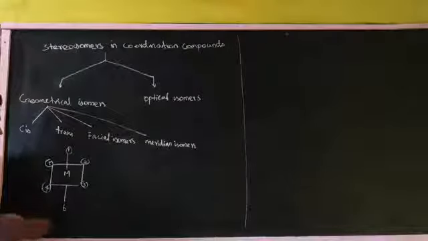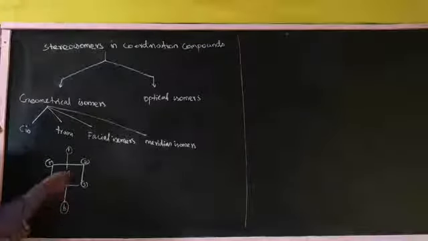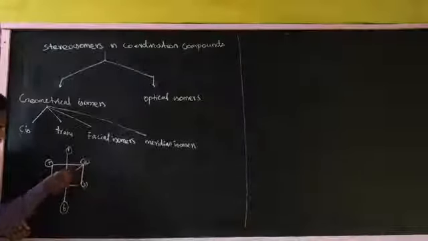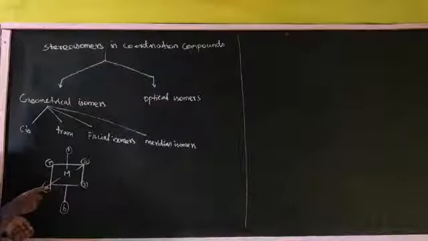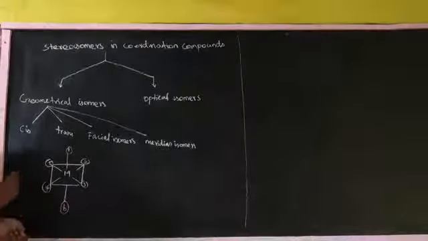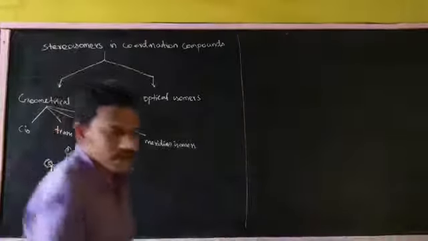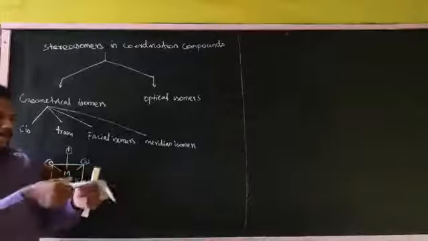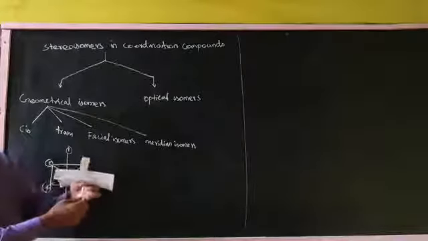For example, just look at this. The second and fourth are present opposite. These are trans, right? Now third and 5 are present opposite, so trans position. 1 and 6 trans position. So for explaining this, just assume the model here.